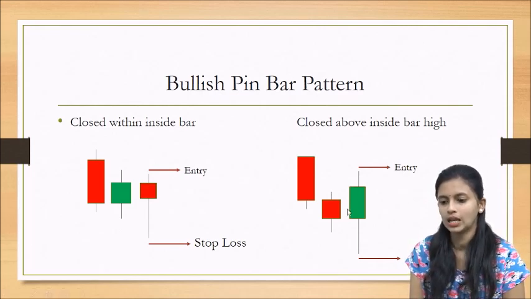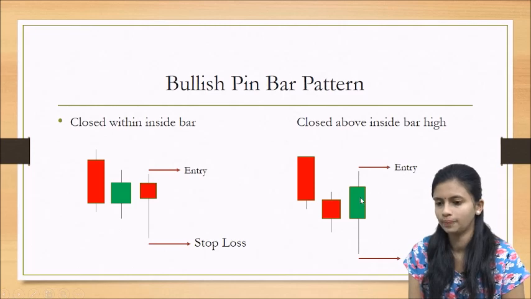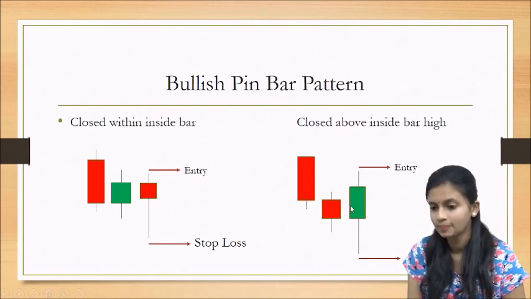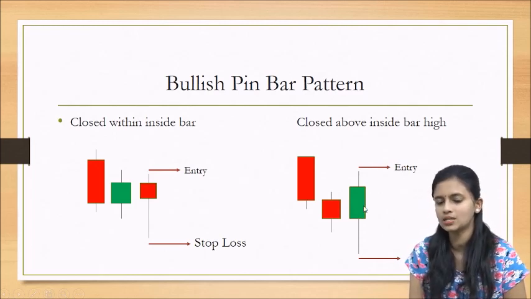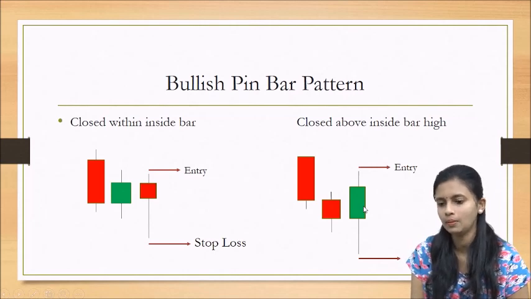Okay, see, this green candle has closed above the inside bar high, right, above the red candle high. So this can be considered as a bullish pin bar pattern, that is a reversal pattern. But if the low of this green candle is below the low of this red candle, then you cannot consider that candle as a bullish pin bar pattern.